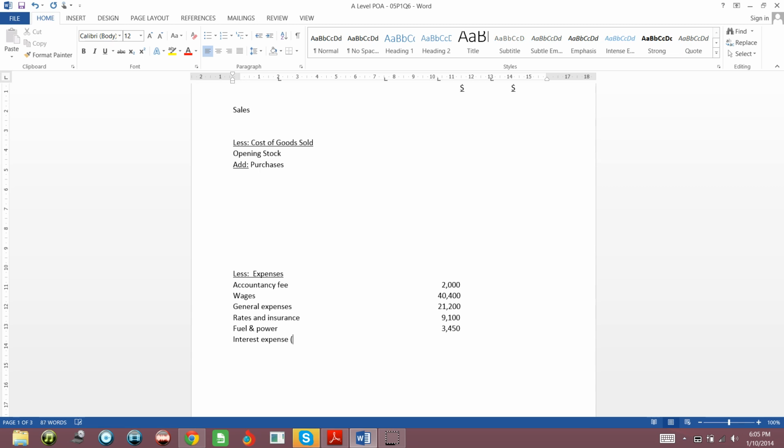So how much is interest expense? This is for year end 31st August 2005, but he got the loan at the beginning of the year. The loan is 70,000 and the interest rate is 8% per annum.